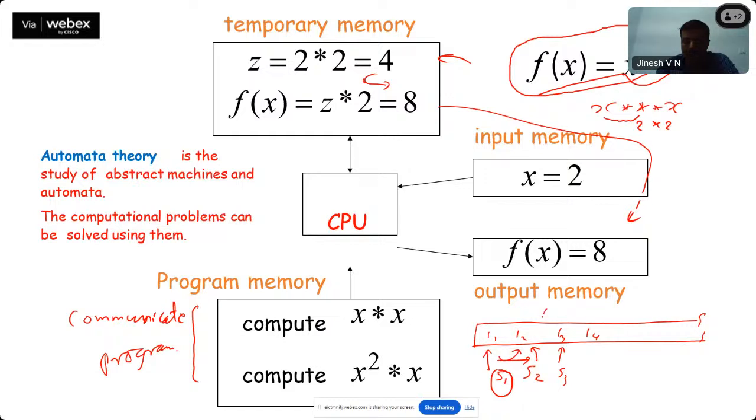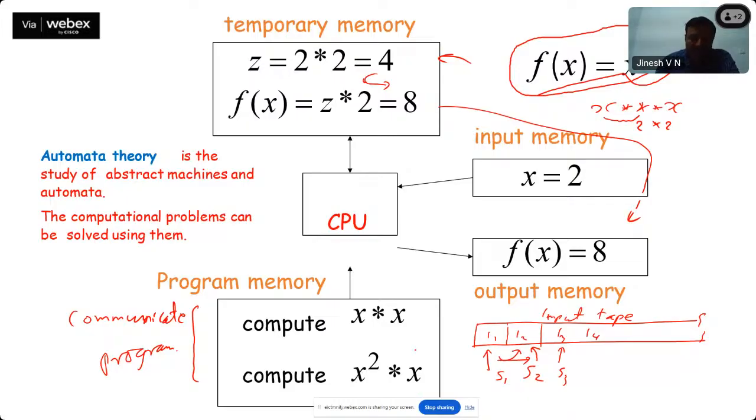Assume that you have an input tape, and this tape can keep the alphabet, because we are keeping the language. Even your program, which we use to communicate with the computer, we are considering like a language.